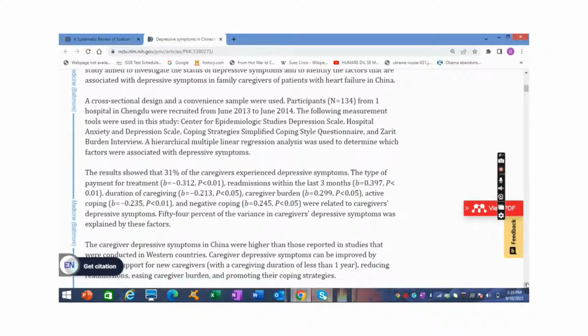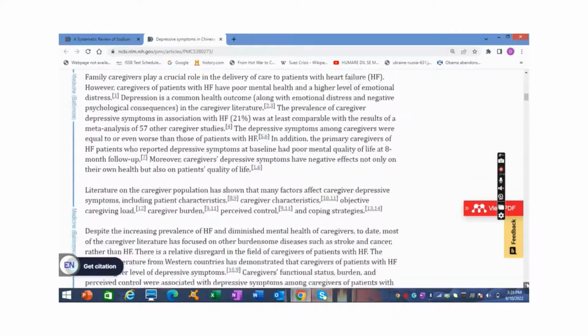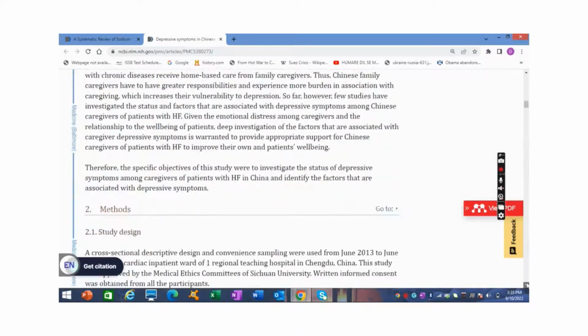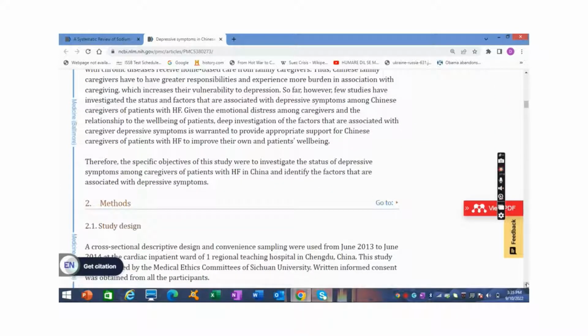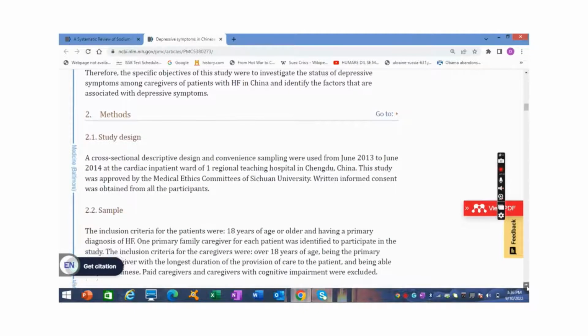I described in a previous video what a cross-sectional study is. A cross-sectional study is a type of study in which we collect the data only once, at one particular time point, from the patients, the subjects, the records, the history, and then we make the conclusions.